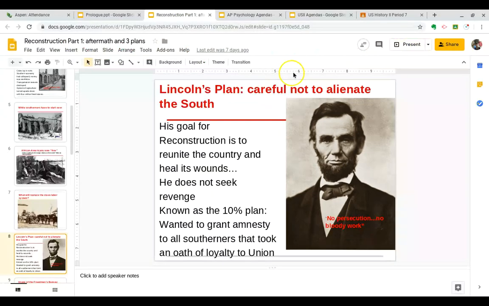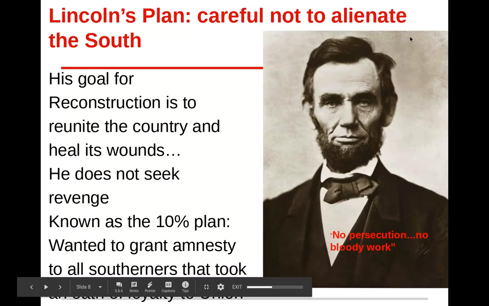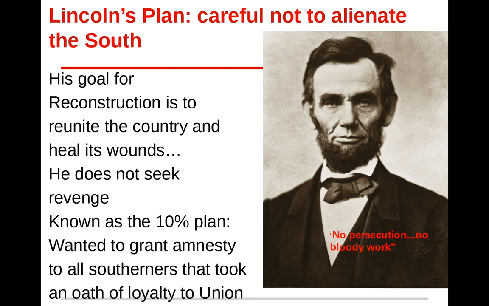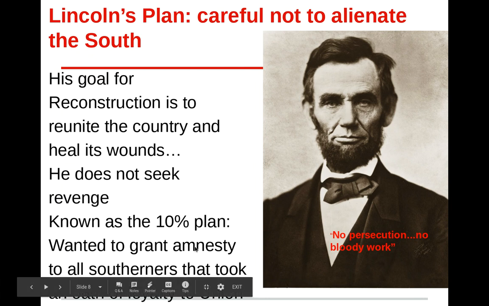So for slide number 8, the big takeaway I want you to put down is that Lincoln is very careful not to alienate or anger the South. Here's his quote down here: "No persecution, no bloody work." So my big takeaway for Lincoln for this slide is that he does not seek revenge, and he's trying to grant amnesty.